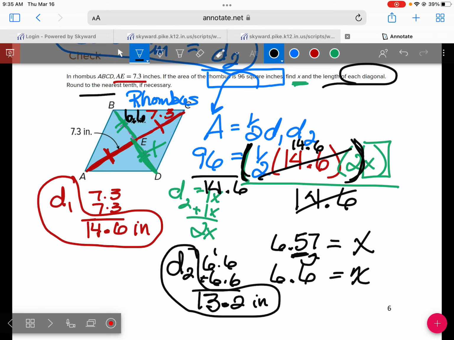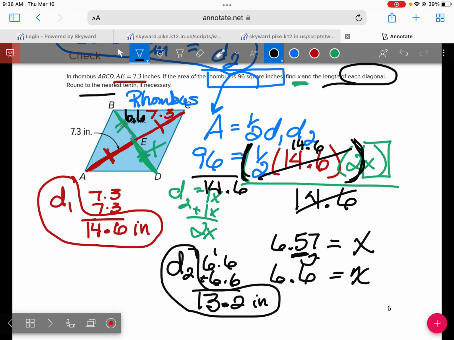So area equals 1/2 diagonal 1 times diagonal 2. We have to know that when we have a rhombus or a kite, that's the formula we use for both. They gave us the area, 96. I put in 1/2, and for my first diagonal, they told us that it was 7.3 for half of it.